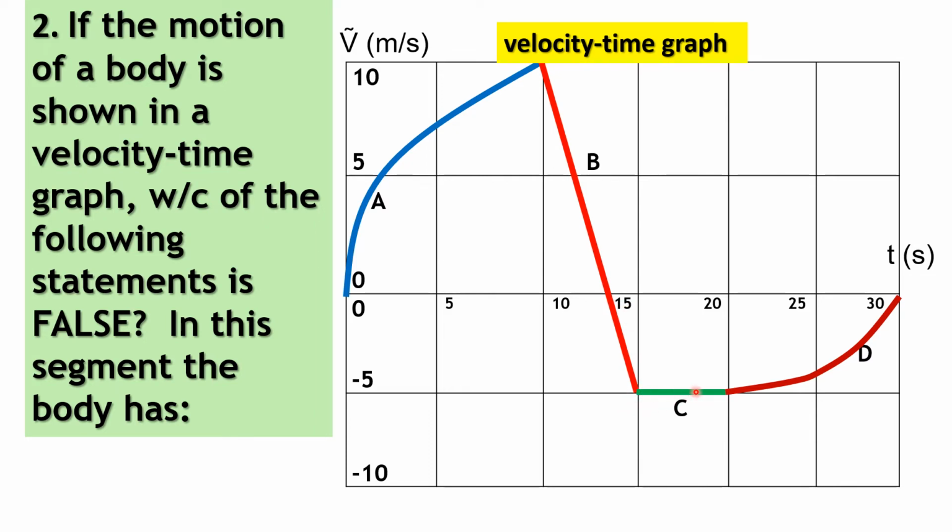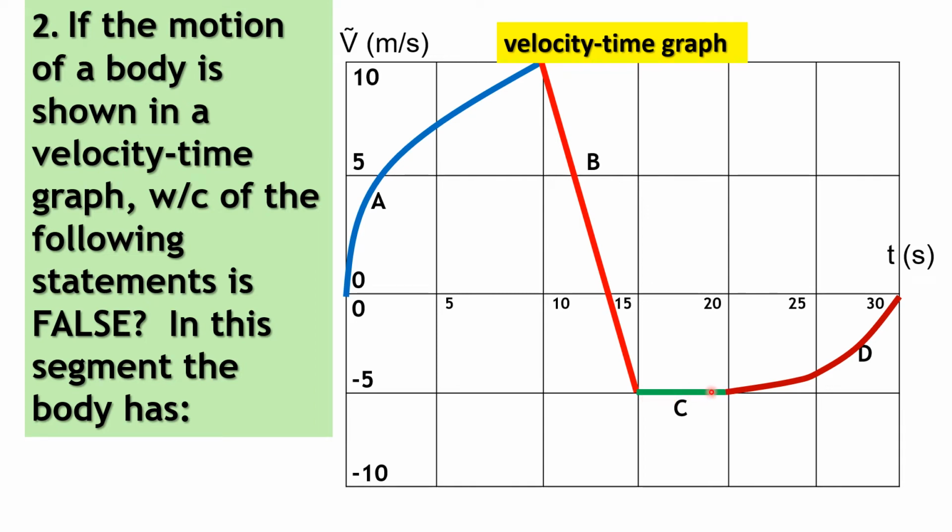Obviously, graph line C is perfectly horizontal. So, that means its slope is 0 or the acceleration is 0, which also means that the velocity at the initial time of 15 seconds, which is negative 5 meters per second, actually has not changed as the time becomes 20 seconds.